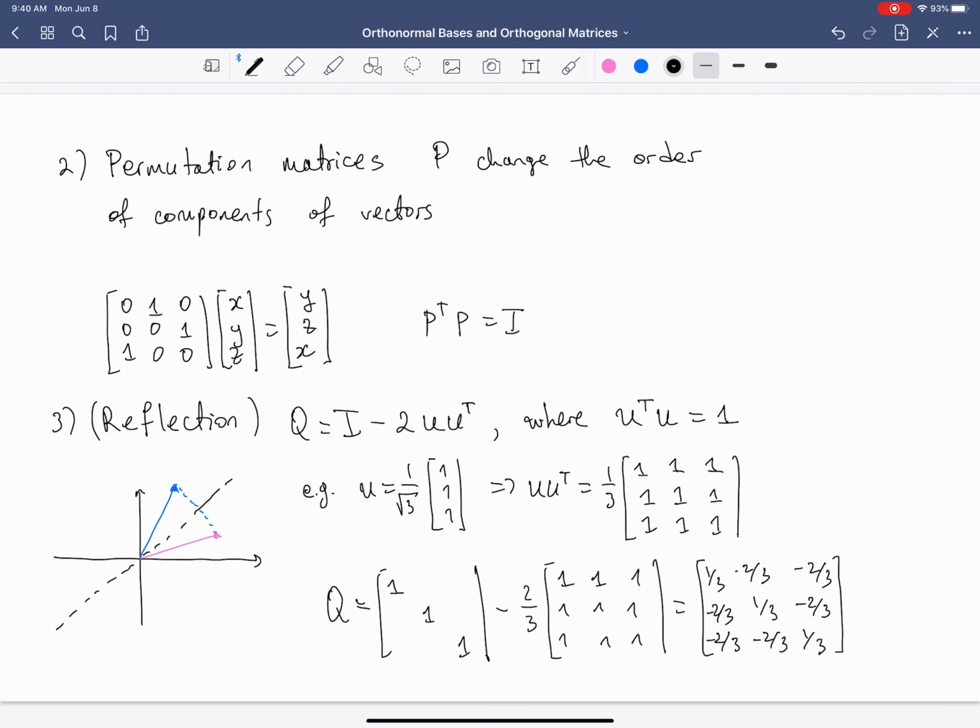Because this matrix Q is symmetric, Q transpose equals Q, therefore Q is its own inverse, Q inverse. So try multiplying this matrix by itself and seeing what you get.